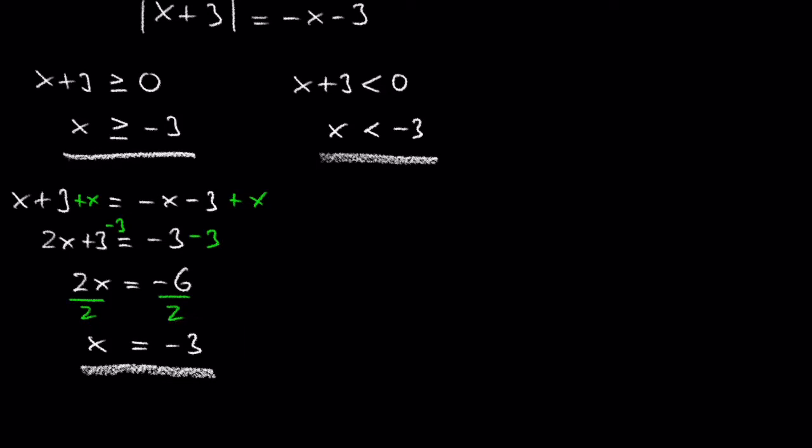Let's look at our second case. In this case, the expression between the absolute value bars, x plus 3, is less than 0, which means we can remove the absolute value bars, but have to put parentheses around the expression with a negative sign in front. Do you know why? Feel free to write your answer in the comments.